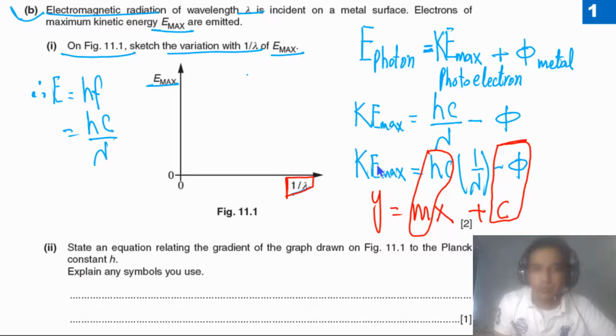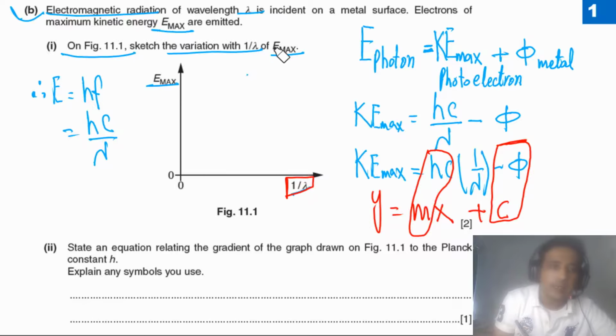So KEmax and 1 over lambda, the graph between these two quantities has to be a straight line with negative y-intercept.